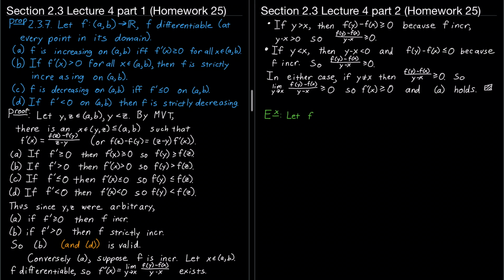Let f of x be x cubed. f is indeed strictly increasing on any interval you want, but f prime of 0 is equal to 0, so it is false that f prime is positive.